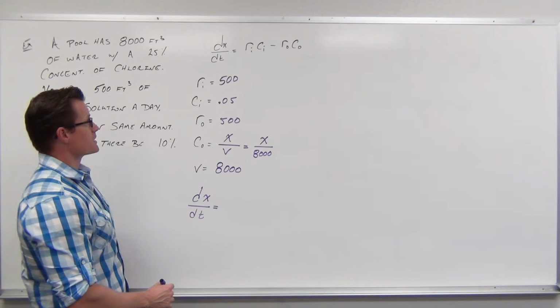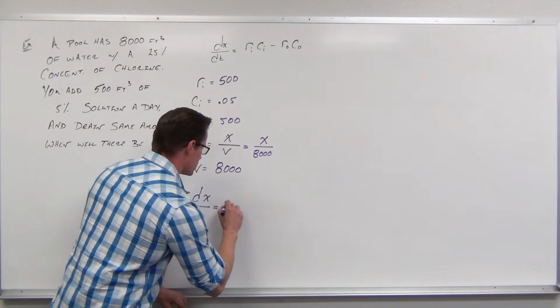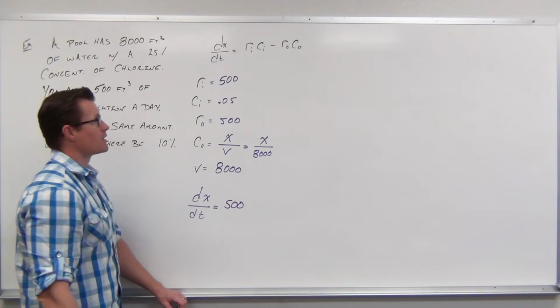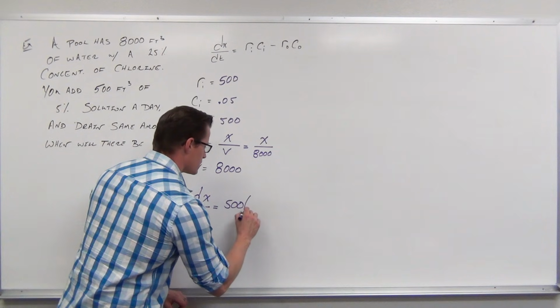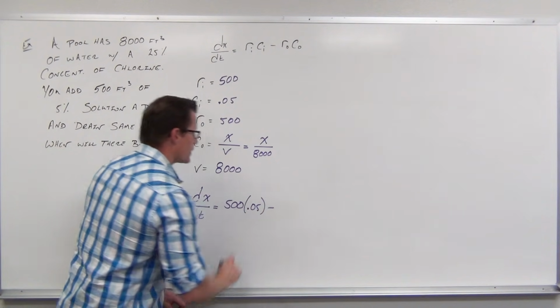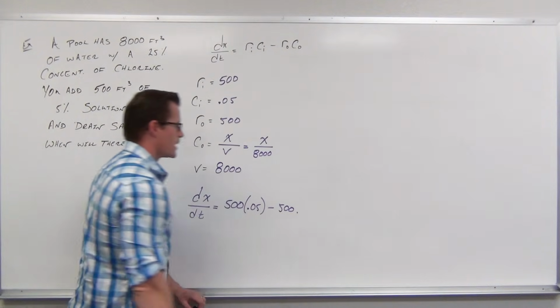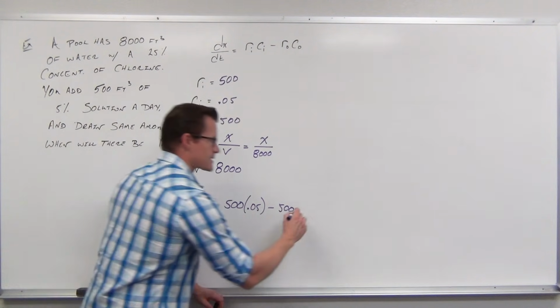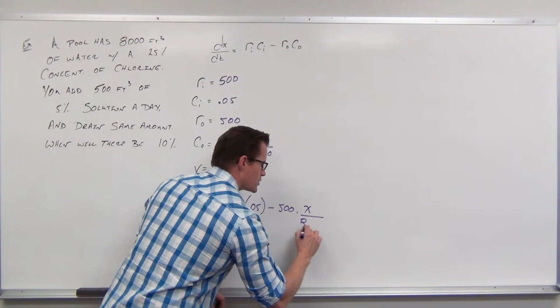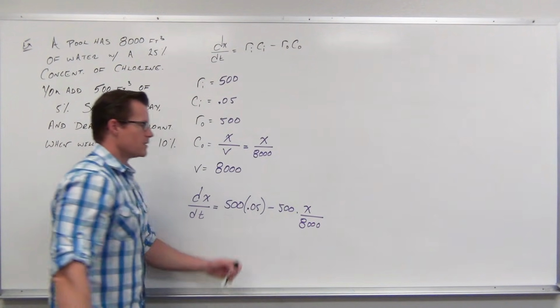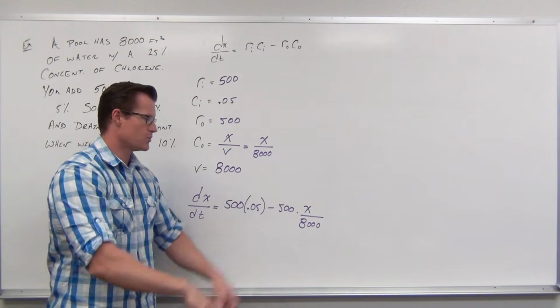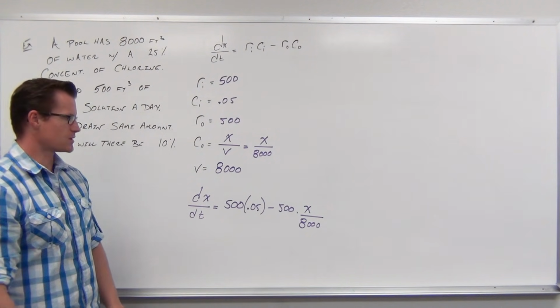So the rate in says we're going to have 500 times the concentration in, that's 5%, minus the rate out, that's 500, times the concentration out. That's how much chlorine is there compared to how much volume we're taking out. That's always going to be 8,000.